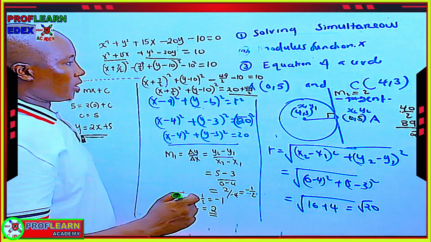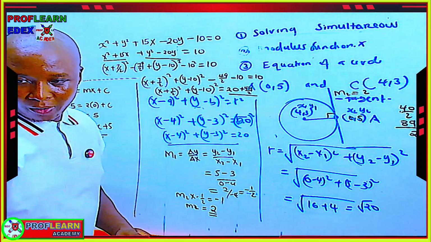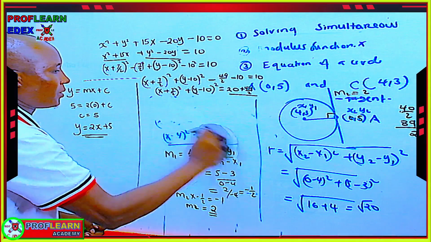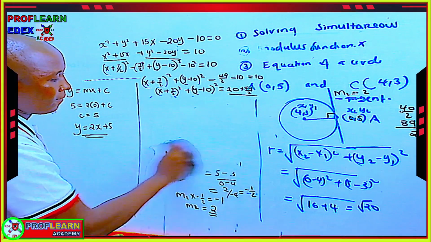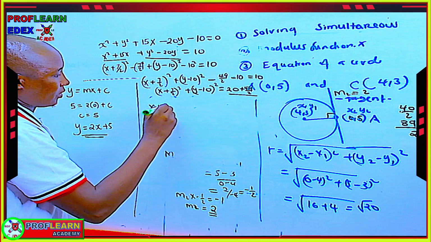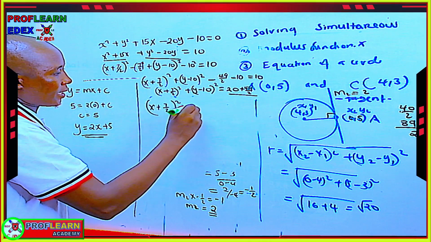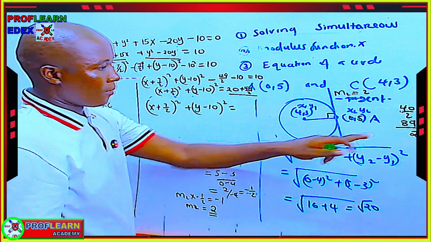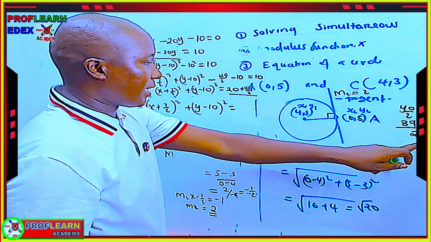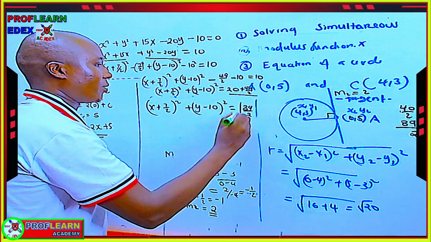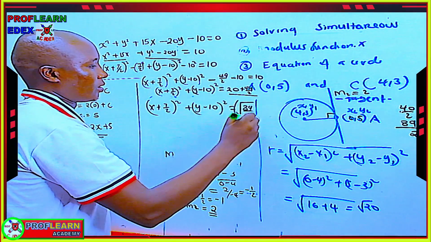Yes, it's non-calculator, so don't be tempted to use a calculator. Now our equation becomes x plus 7 over 2 squared plus y minus 10 squared equals 89 over 2, and then we can find the square root.